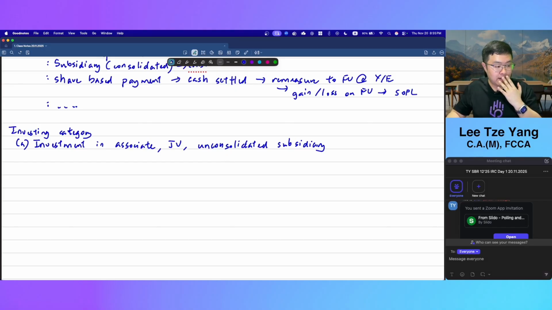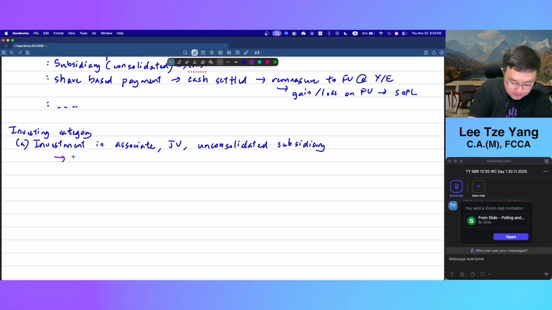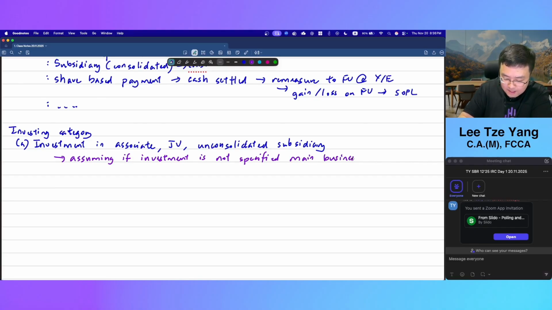I need to be clear on this issue. This is assuming the investment is not the specified main business activity.